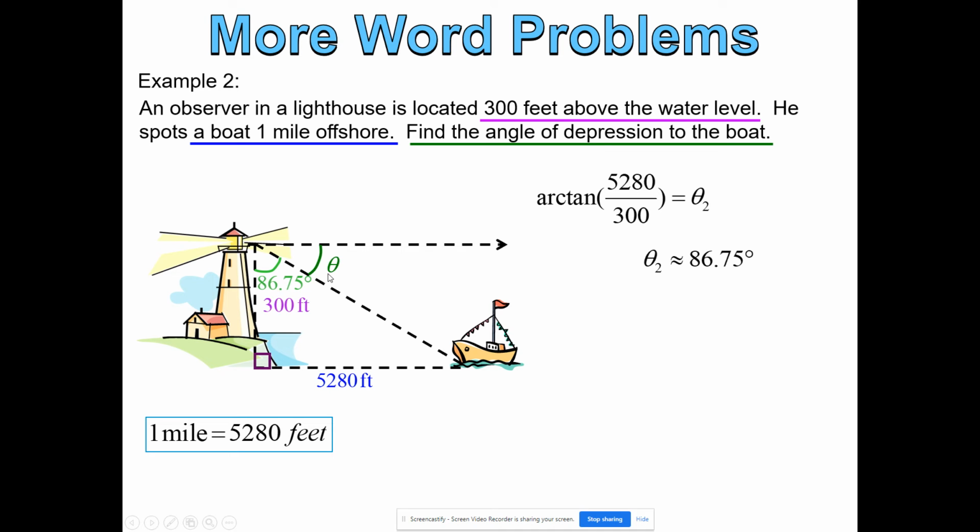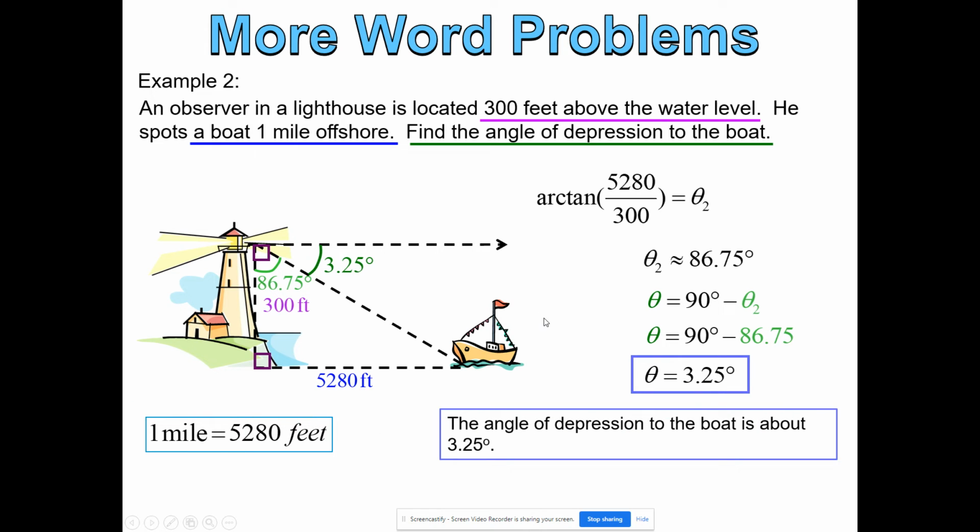But I need this angle though. This is a vertical line because that's height, and this is the horizontal line creating the angle of depression. They are perpendicular, which means they add to 90. So 90 minus 86.75 is 3.25 degrees. We can say the angle of depression to the boat is about 3.25 degrees.